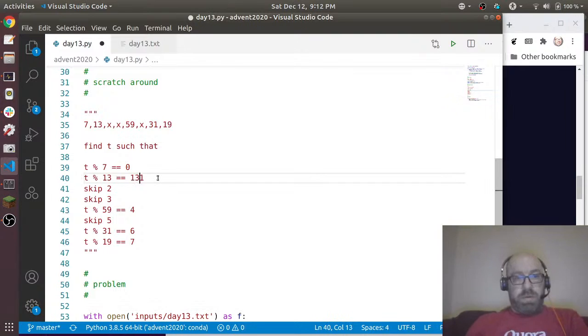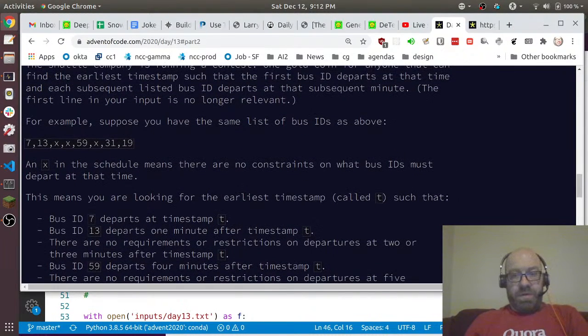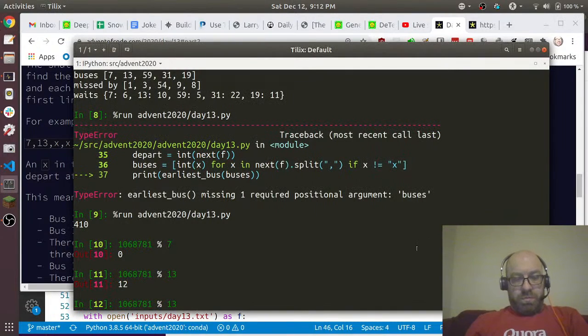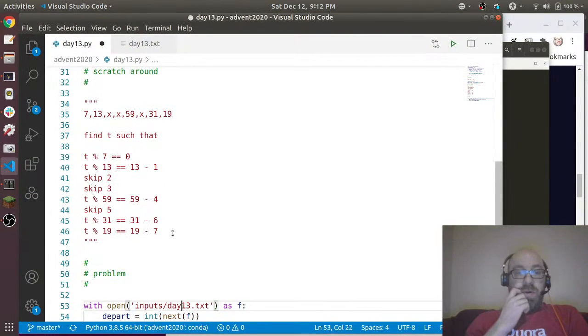T mod 13 equals 13 minus 1, mod 59 equals 59 minus 4, mod 31 equals 31 minus 6, and mod 19 equals 19 minus 7. So this is the same problem as above. So if I mod by 59, I should get 55. Yes, and so on. Okay, so that's what I want.